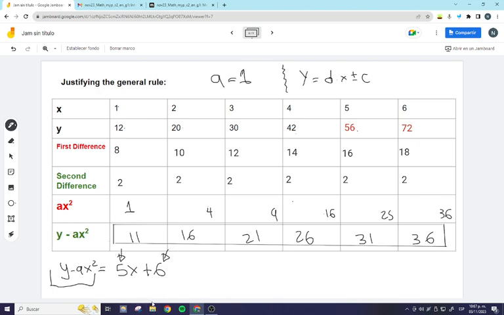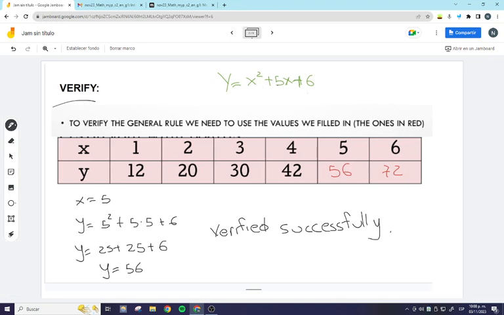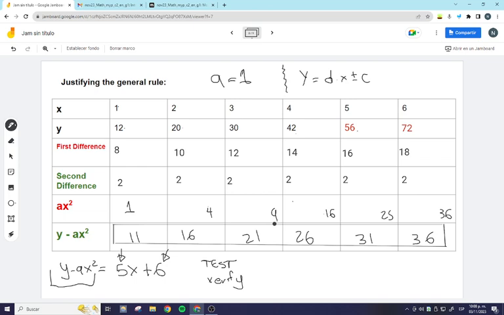So then test and verify this new general rule. I'm not going to do it because you know how to, and after that you can say that it was justified successfully. Because look, what was B and what was C? 5 and 6, right? So we found them by another method.